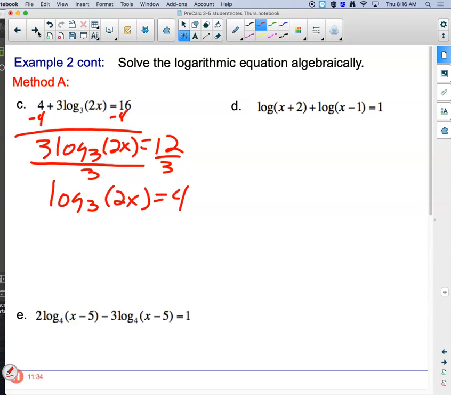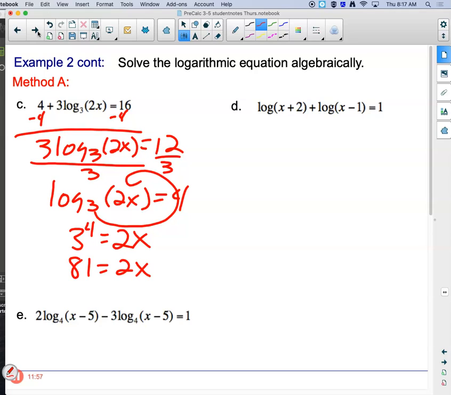Because again, the goal was to have this say logarithm of something. So we've eliminated everything else that was on the left-hand side of that equation. Now it's ready to exponentiate or snail shell. So it'll be 3 to the 4th equals 2x.